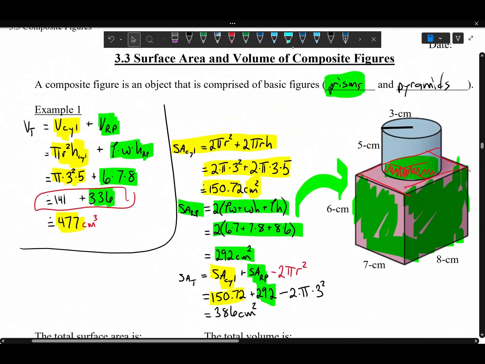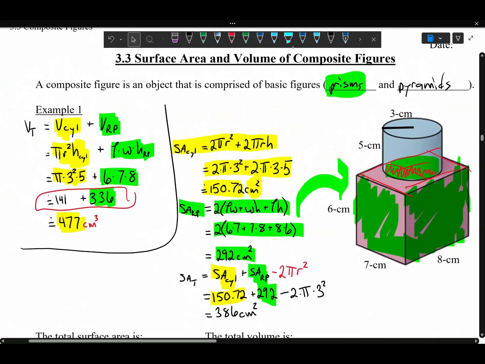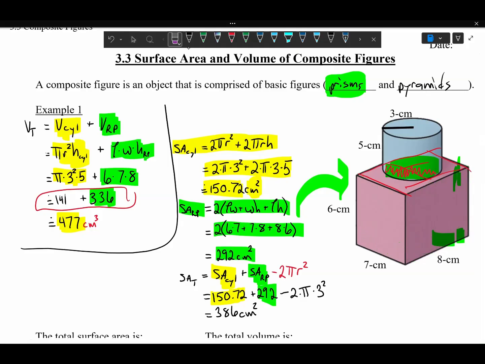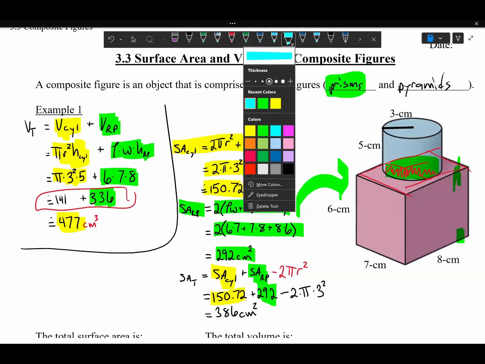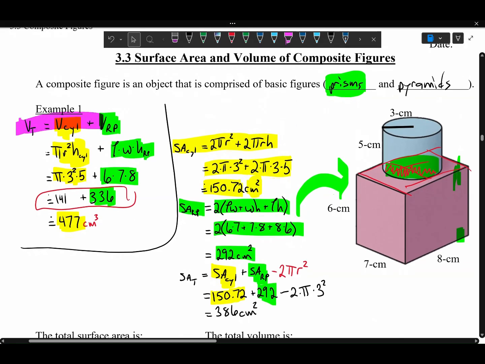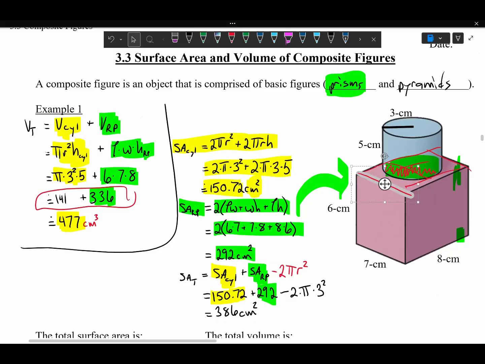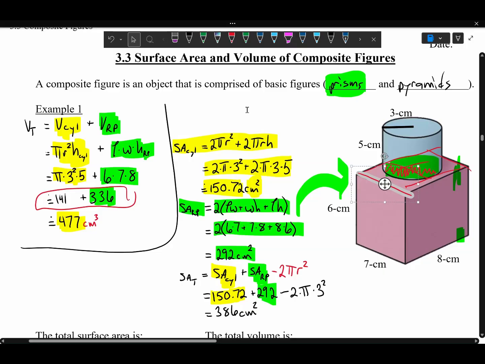So if you're looking at all this hard work we've done, most of it actually isn't new. The only new piece that we have worked on right here is setting up these equations when we're putting the figures together. We set up our total volume formula for this composite figure, and then this total surface area formula, and that skill is going to be different every single time depending on the way that your figures are put together.